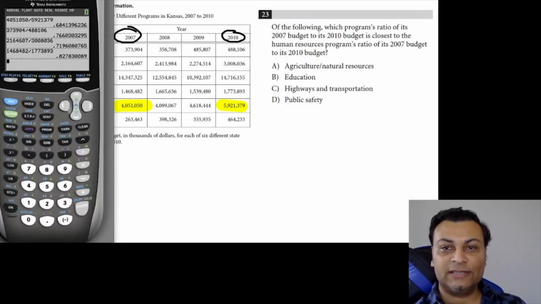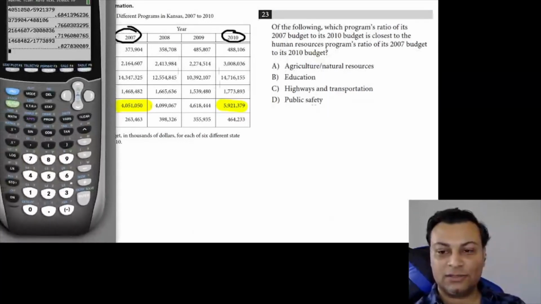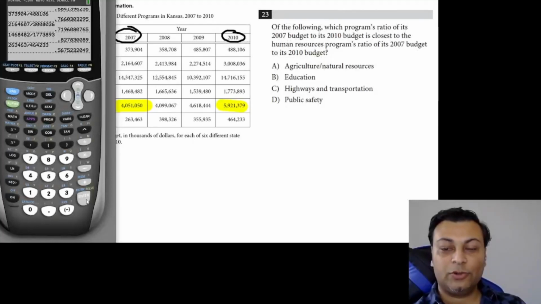And finally, let's look at public safety. We're trying to find the one that's the closest. 263,463 divided by 464,233. That is 0.56. So we have a couple of contestants for the closest.